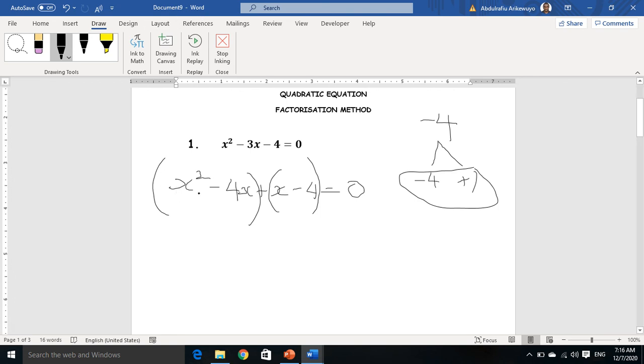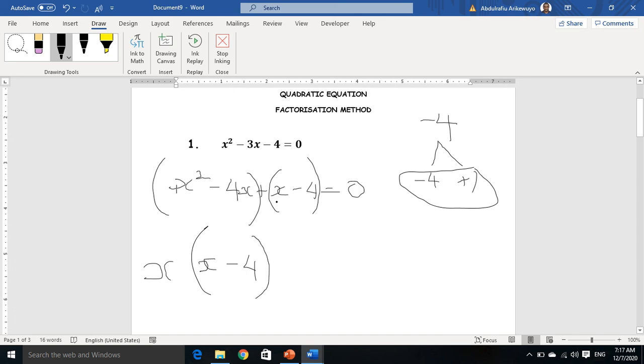I can see that there is x here and x here, so I can bring x out. So I have x, open bracket, then x. If I multiply x with x, I'll get x squared. Minus, then here I'll have 4. If I multiply 4x with 4, I'll get 4x. So that is my factorization.